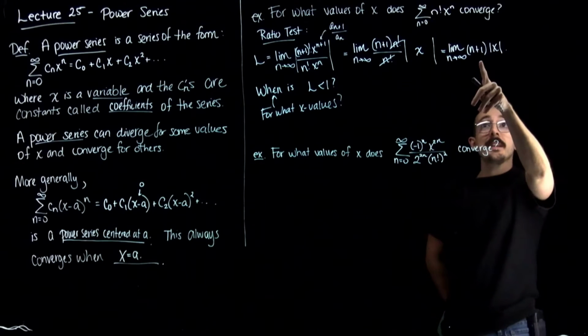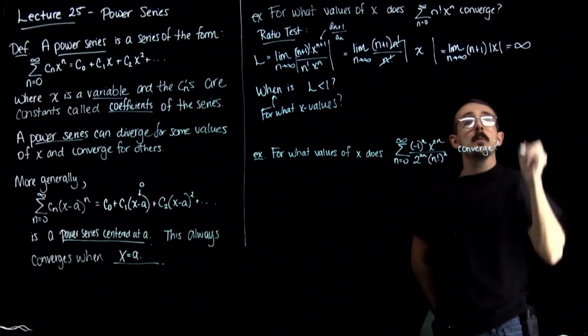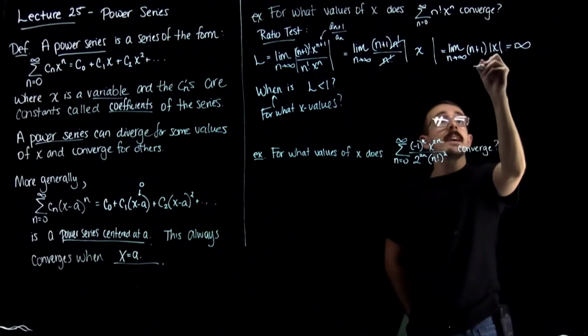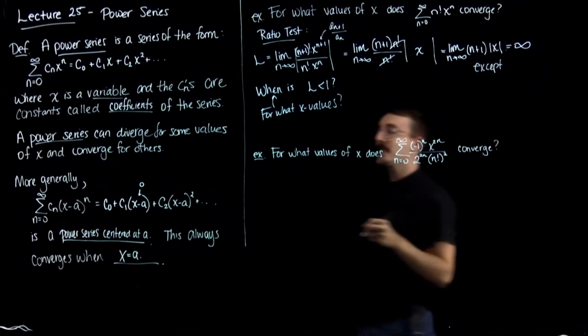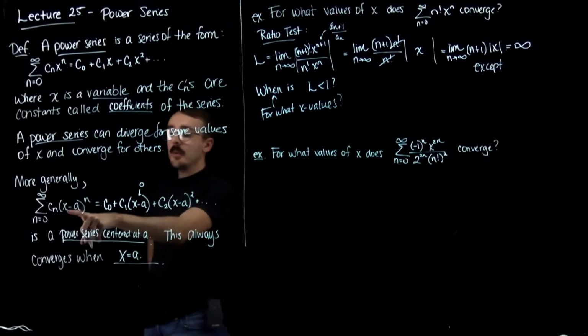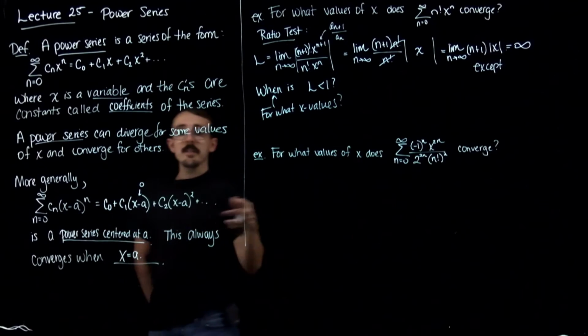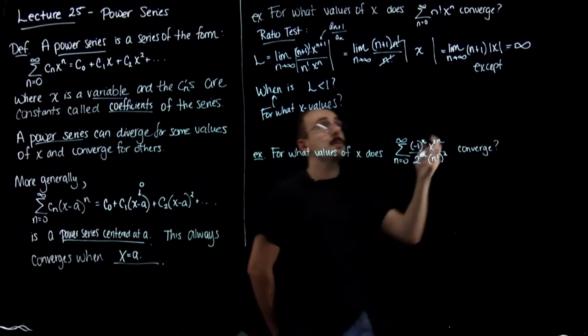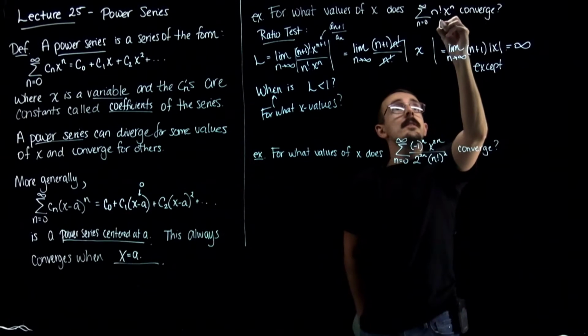So really, this will go to infinity, except for one very specific case, and we talked about it over here. So when x is equal to its center, then the series will automatically converge. Well, if I write this in that form, because the form is x minus a, right?